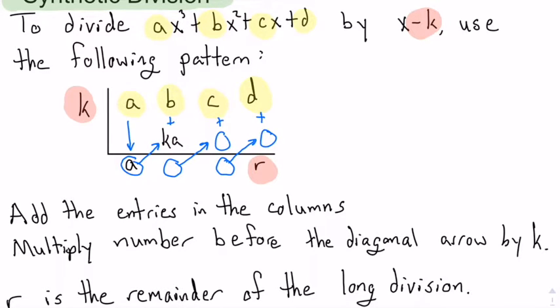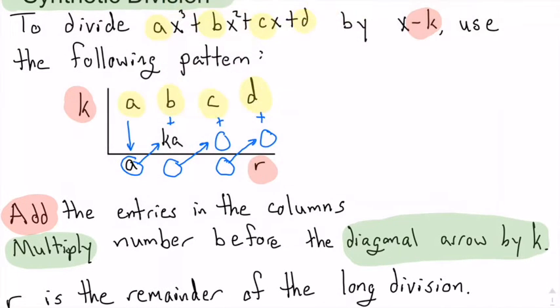So the rule is that we add the entries in the columns and we multiply the number before the diagonal outside the box here, and we multiply that number by k, whatever we're dividing by.